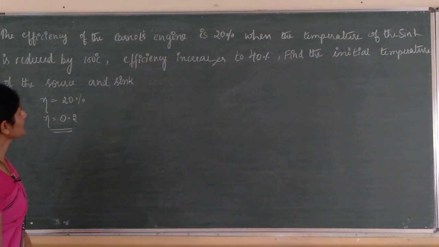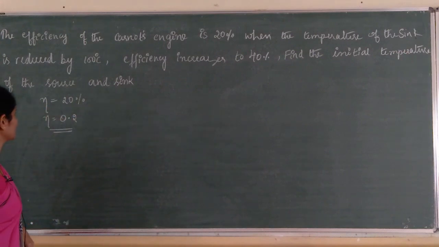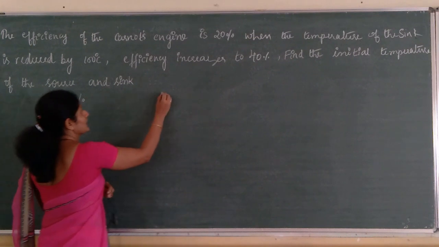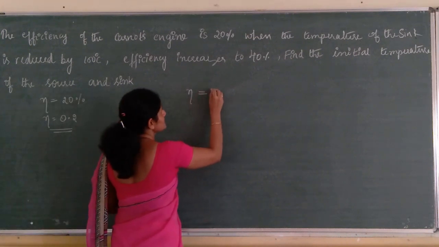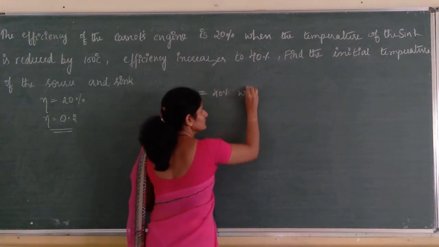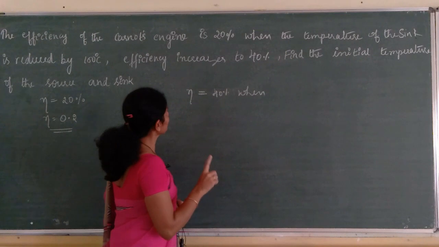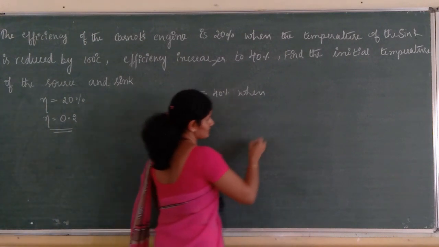When the temperature of the sink is reduced by 100 degrees Celsius, efficiency increases to 40%. That is, efficiency becomes 40% when temperature of the sink is reduced by 100 degrees Celsius.